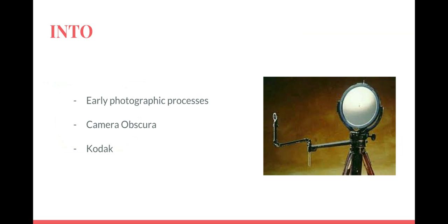So, before we had the modern day camera of today, we had early photographic processes. And these photographic processes were used in many different ways, used with a bunch of lights and surfaces of paper, trying to store an image so that it will stay on that paper for a longer amount of time.